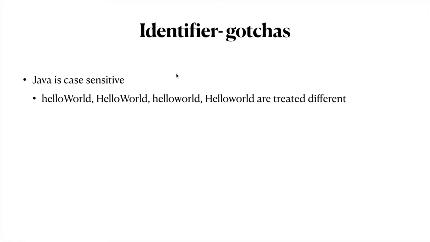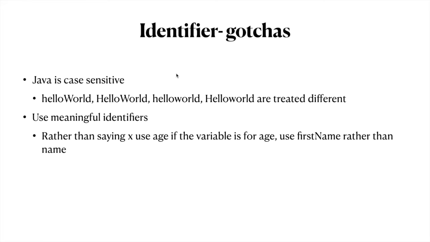So it's very important that we understand this characteristic of identifiers, and it's always advised to create meaningful identifiers. Okay, so if we want to define an age, an age is a number with no fractional points, so we prefer to use integer data types.